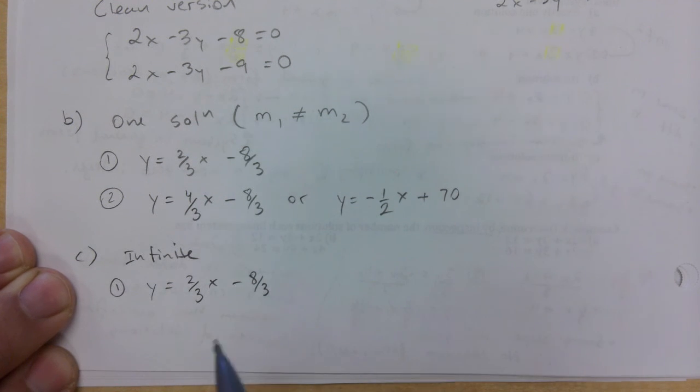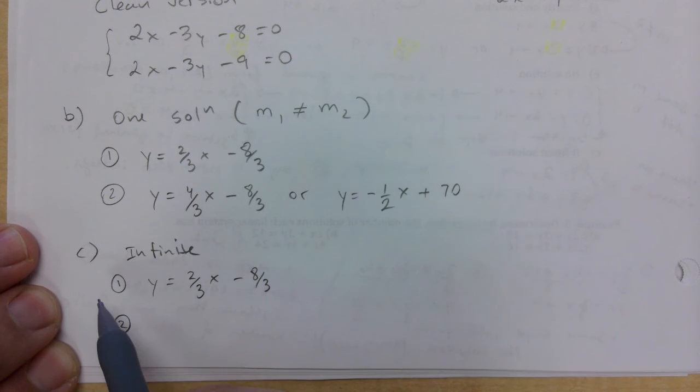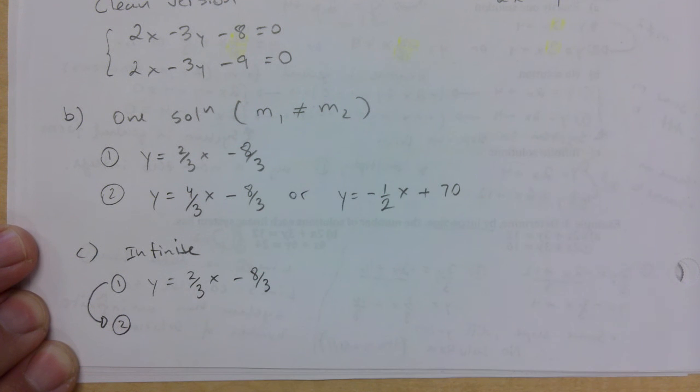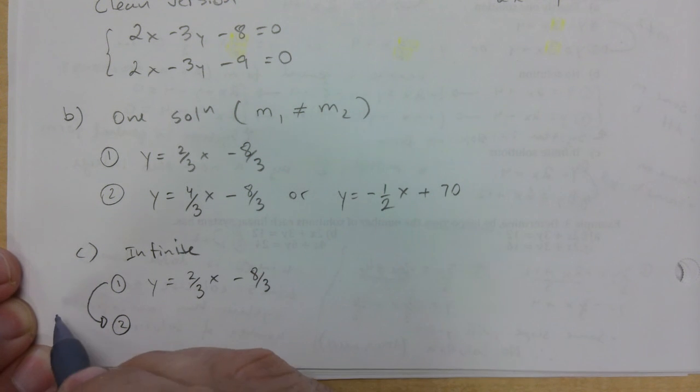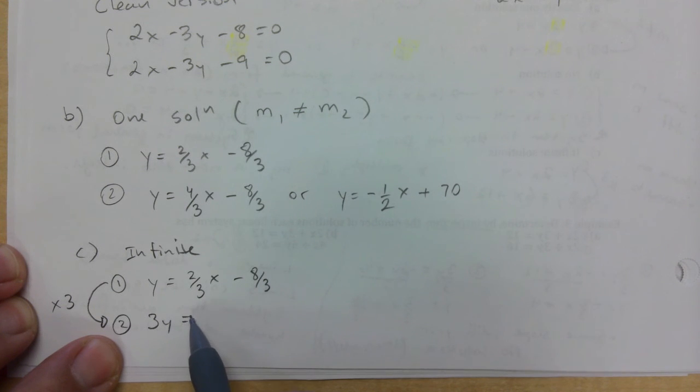And to get the second one, we're just going to multiply the top by a constant. So let's just go like this. I'm going to multiply this whole thing by 3. And so you get 3y is equal to 2x minus 8.